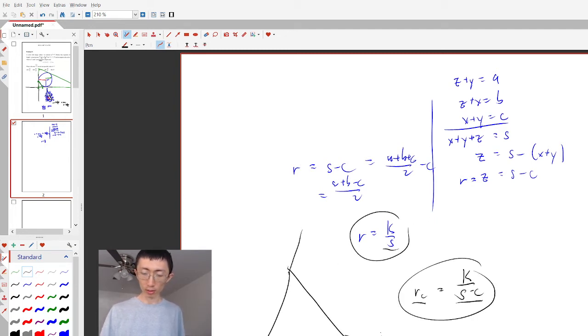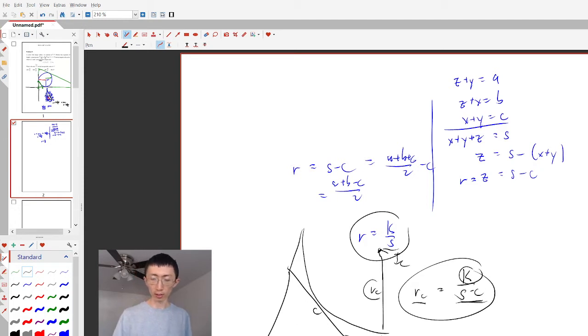So if you have an excircle here, this is r sub c, that's the excenter, I sub c, and this is c, and this is capital C. And so you do the area over s minus c is this exradius.